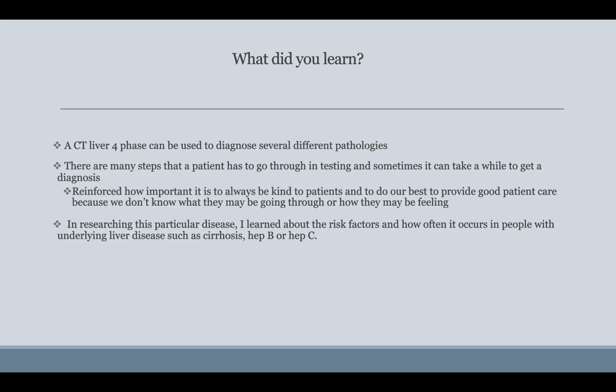And this really reinforced how important it is to always be kind to patients and to do our best to provide good patient care, because we don't know what they may be going through or how they may be feeling. For example, the patient may be stressed or anxious about getting a diagnosis, and that uncertainty of not knowing what's going to come back on the scan can be really scary.